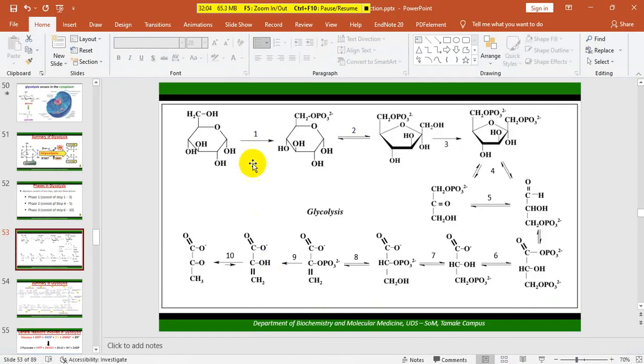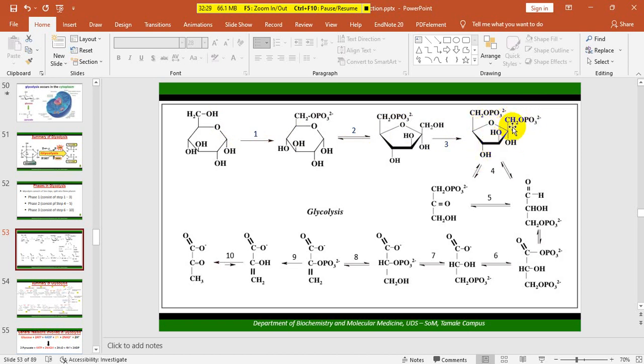So hexokinase is number 1. It will add phosphate. That's the first enzyme, hexokinase. It will add a phosphate group to this glucose. Then it will go through isomerization and become fructose. Then fructokinase will add another phosphate group to carbon 1, making fructose 1,6-bisphosphate.